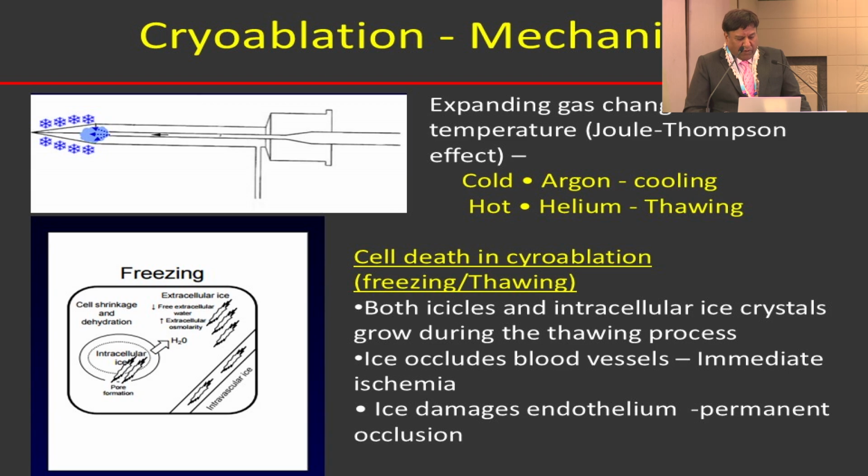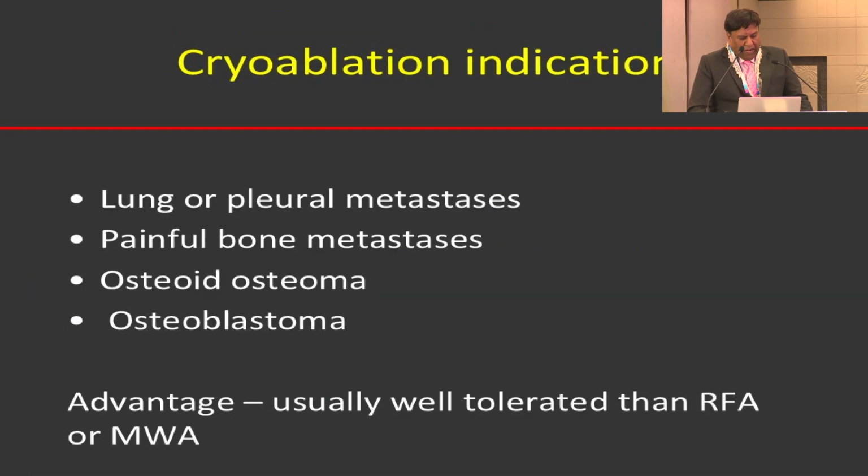Cryoablation mechanism, I'm not going to go into details, it has already been discussed previously. Cryoablation indication, usually we do cryoablation for lung or pleural metastasis, painful bone metastasis, osteoblastoma.